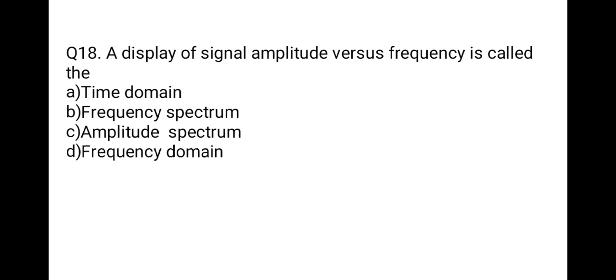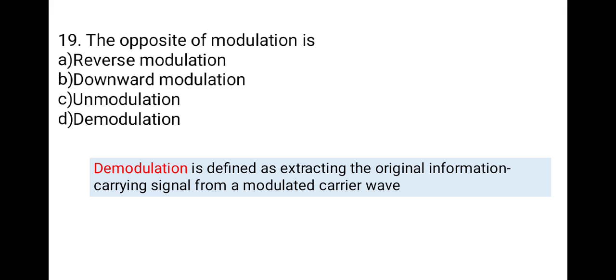The next question, a display of signal amplitude versus frequency is called: first option time domain, second frequency spectrum, third amplitude spectrum, and last one frequency domain. And the correct option is frequency domain. The next question, the opposite of modulation is: first option, reverse modulation, second, downward modulation, third, unmodulation, and last one is demodulation.